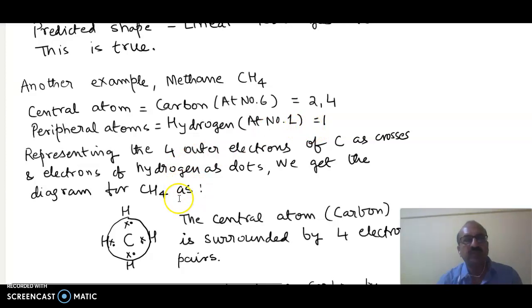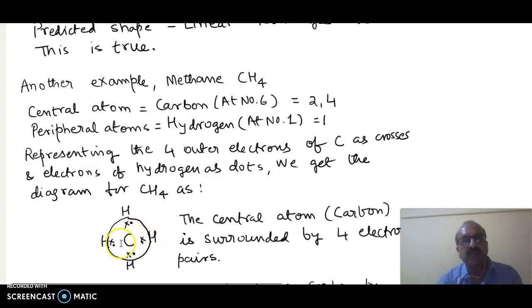Now once again, let's draw the electron structure of methane, in which the electrons of carbon have been represented as crosses. So there are 4 crosses around carbon showing the 4 electrons in its outer shell. Then there are 4 hydrogens. Each hydrogen contributes 1 electron in the overall structure.